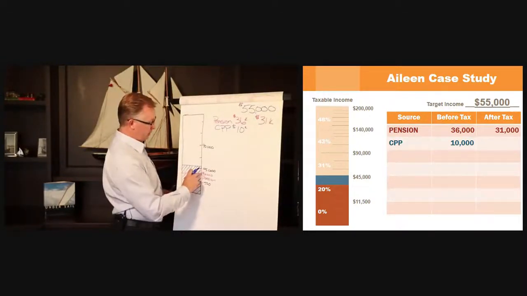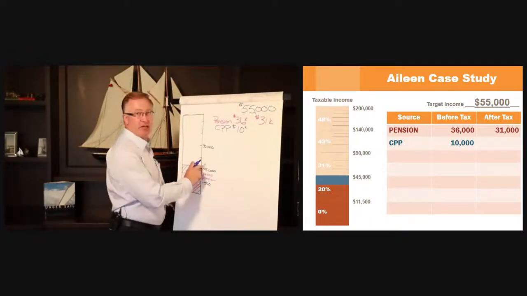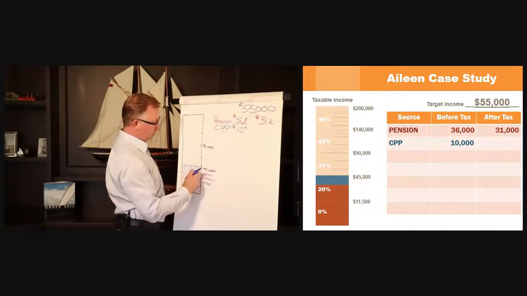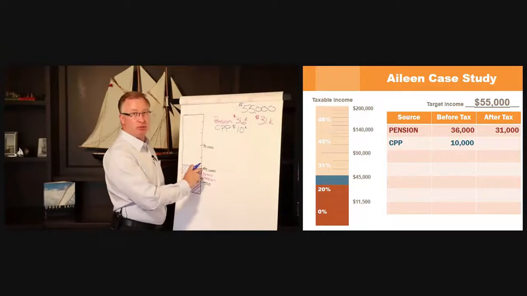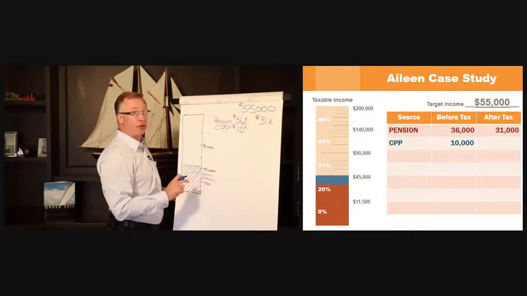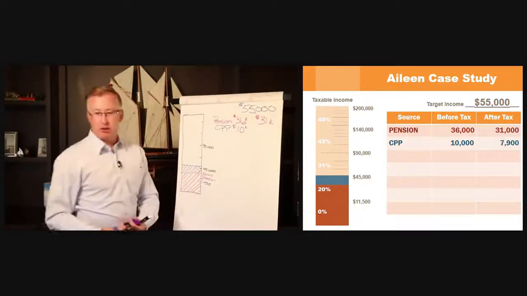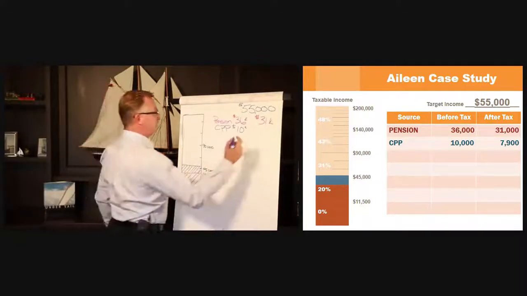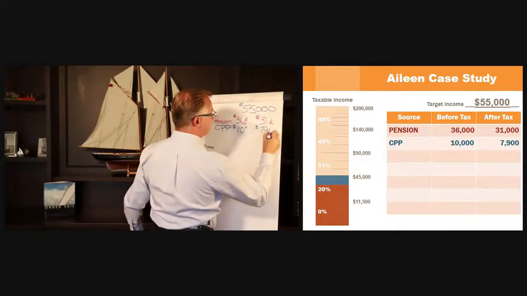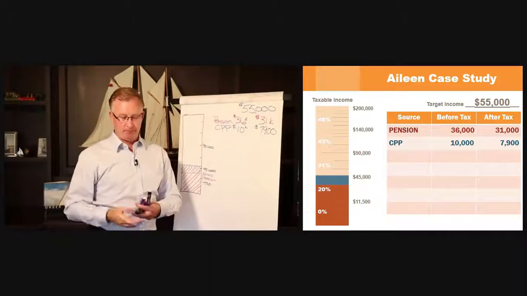So she went from $36,000 in the 20% marginal tax bracket up to $46,000 now in the 31% marginal tax rate. So on the first $9,000 will be taxed at 20% and the last $1,000 will be taxed at 31%. Again, done the math for you. So that works out at take home of $7,900. Hope you can see that all right. It shows up on your slides as well.